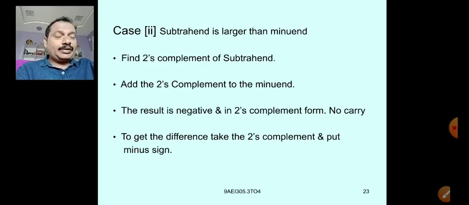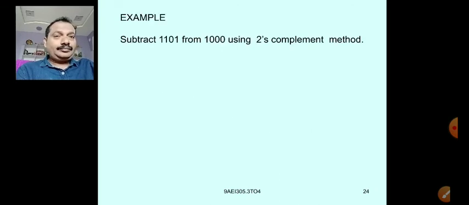Let us take an example. Subtract 1101 from 1000 using the 2's complement method. Here, what is the A? A is the minuend, B is the subtrahend.